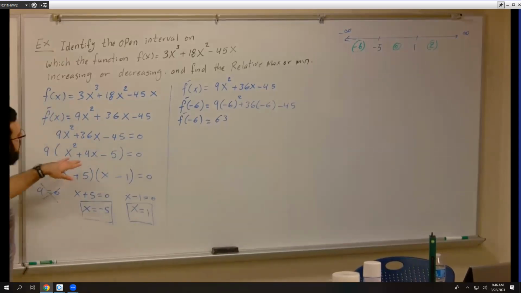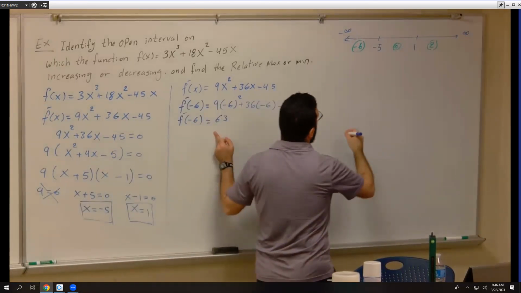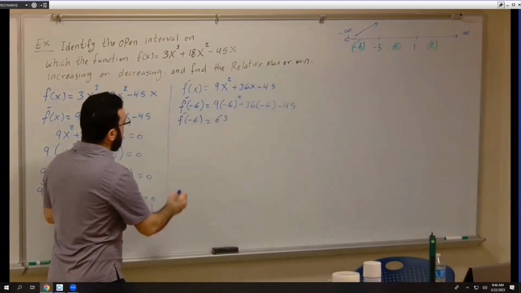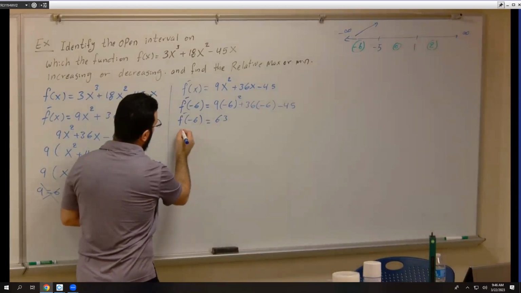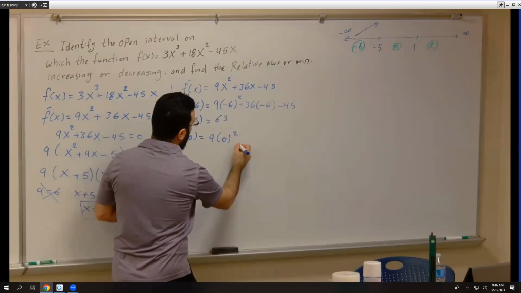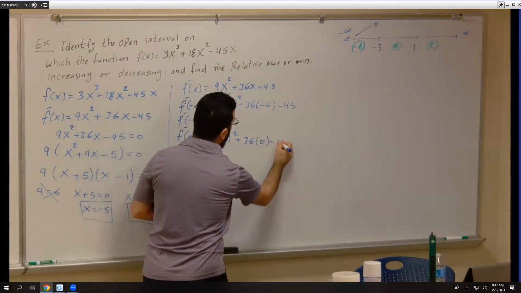So now we're going to check the second one. This is positive, and again I'm only looking at the sign. It's positive, that means this is increasing. Now let's check the 0. F prime of 0 is 9 times 0 squared plus 36 times 0 minus 45.